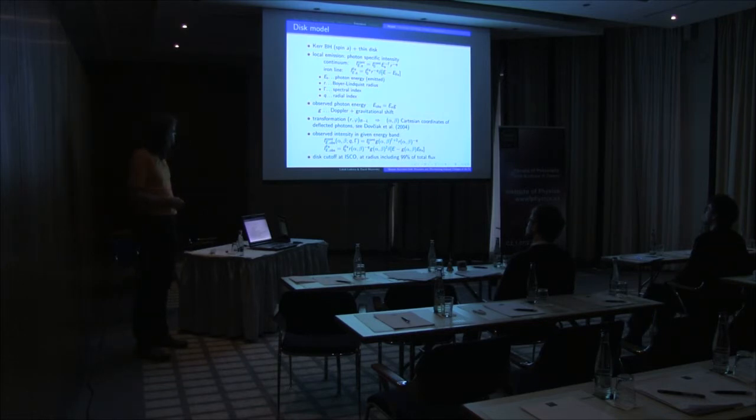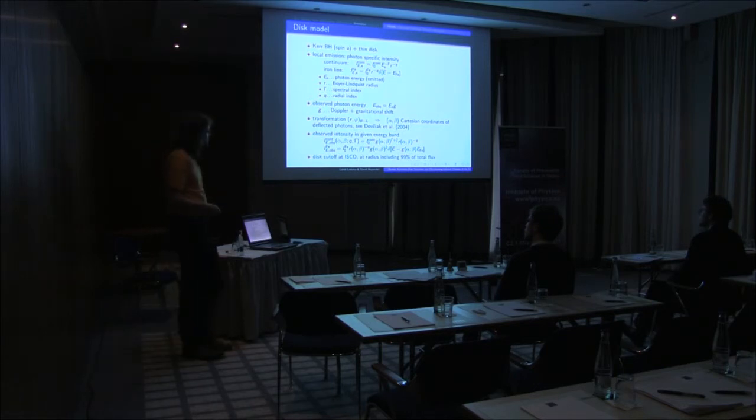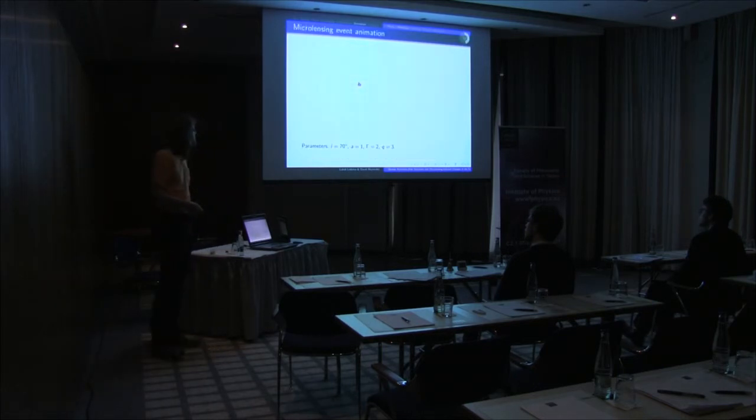Here you can see the transformation equation between the emitted specific intensity and the observed specific intensity for continuum radiation and for iron line radiation. We also cut the disk at ISCO, and then we cut the disk at 99% of total flux, but this external cut is only for saving computational time.